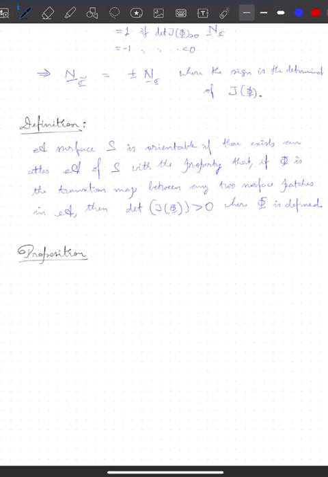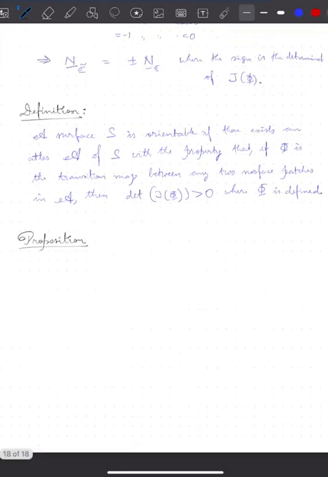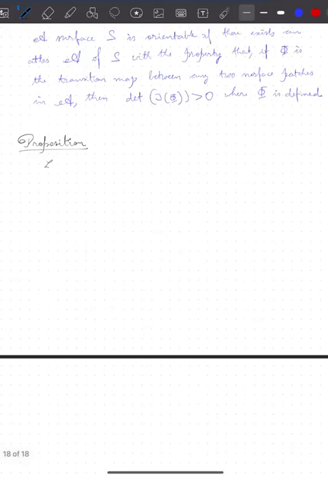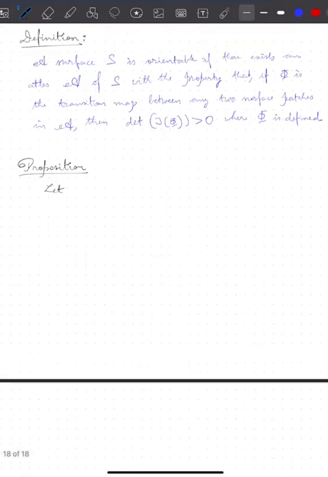Okay, so the proposition says that let S be an orientable surface equipped with an atlas A, right?